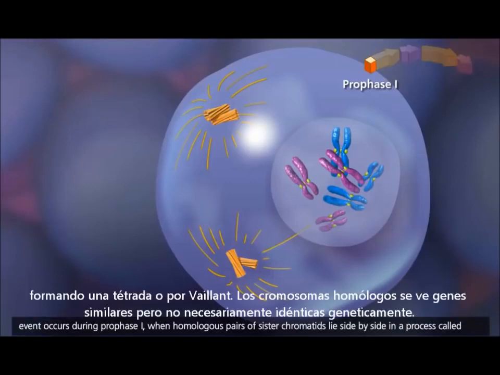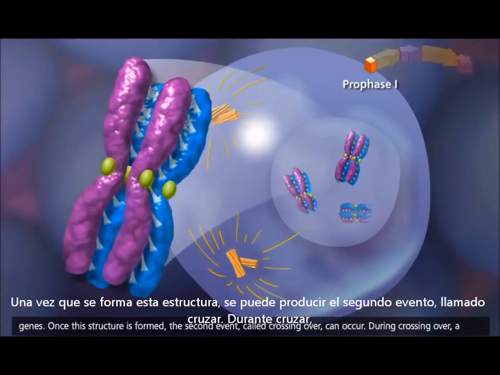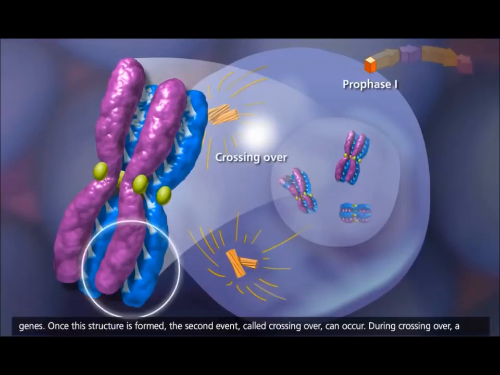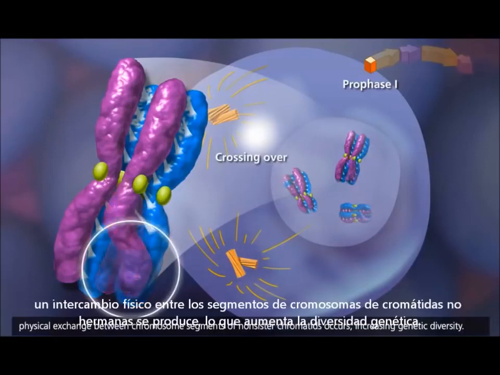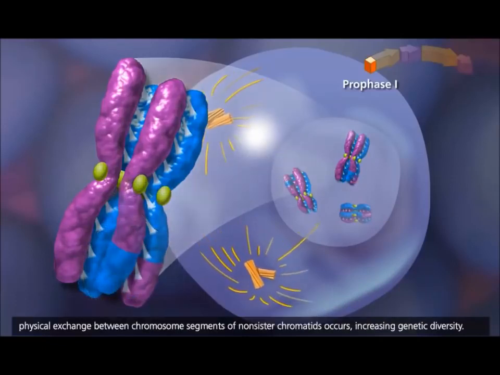The homologous chromosomes share similar, but not necessarily identical genes. Once this structure is formed, the second event, called crossing over, can occur. During crossing over, a physical exchange between chromosome segments of non-sister chromatids occurs, increasing genetic diversity.